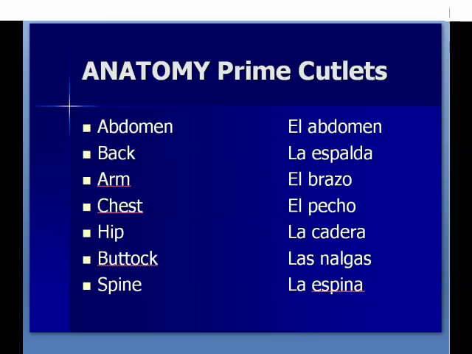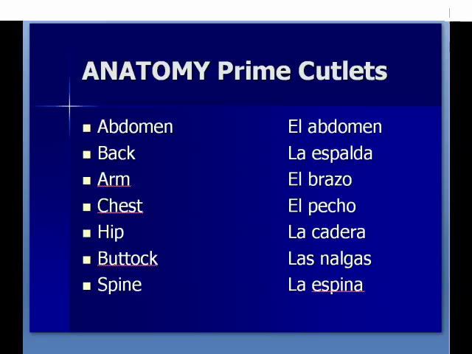Chest, el pecho. Hip, la cadera. Buttocks, las nalgas.